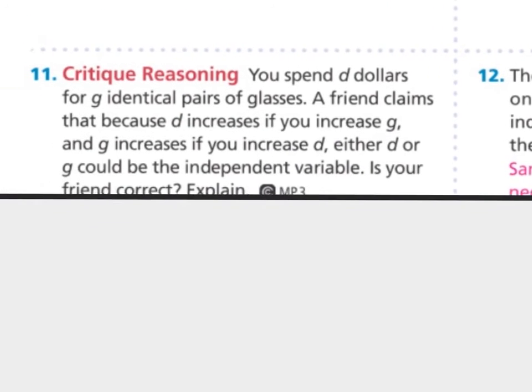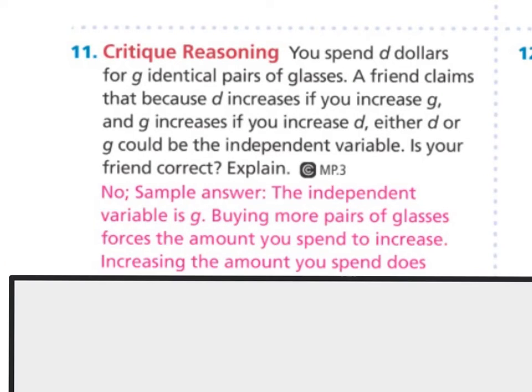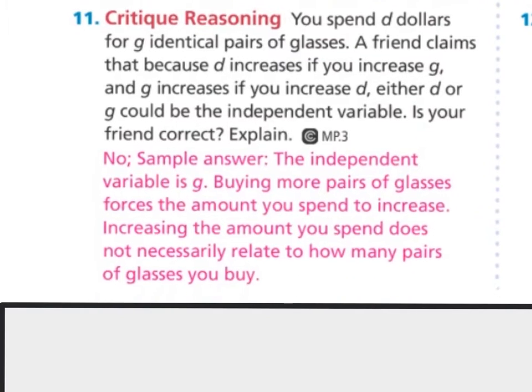Number 11, you spend D dollars for G identical pairs of glasses. A friend claims that because D increases if you increase G, and G increases if you increase D, either D or G could be the independent variable. Is your friend correct? Well, no. There's always pretty much going to be an independent and dependent variable.